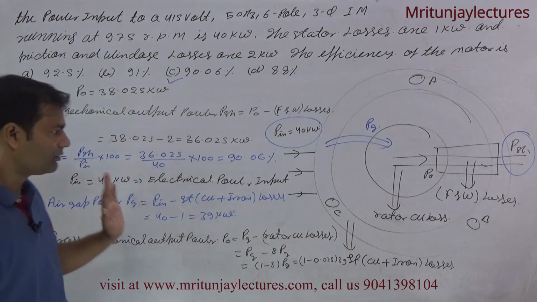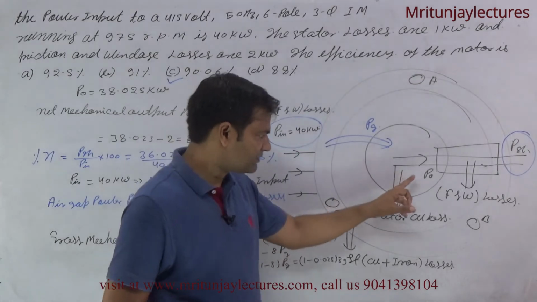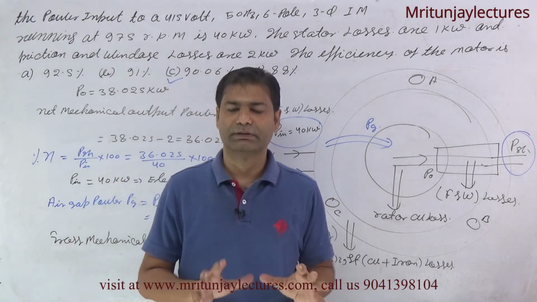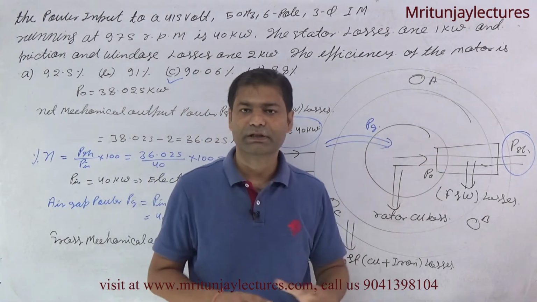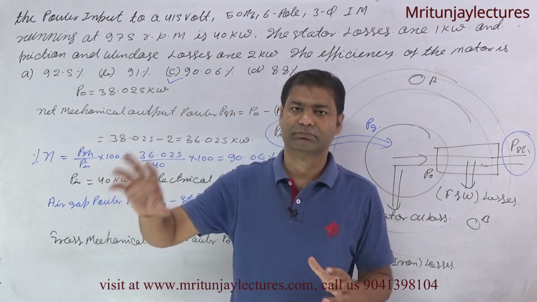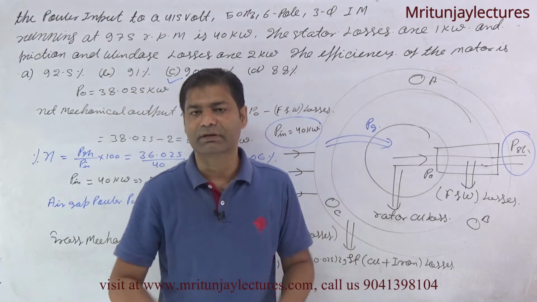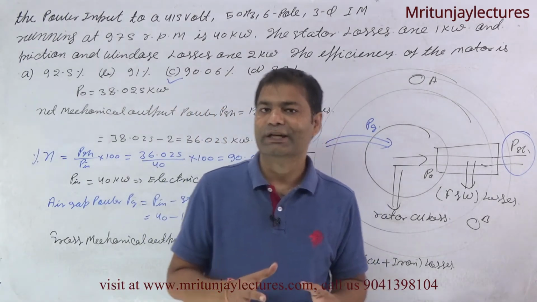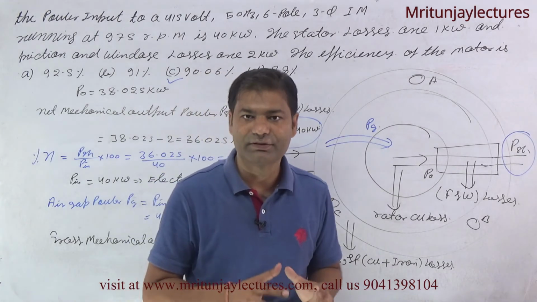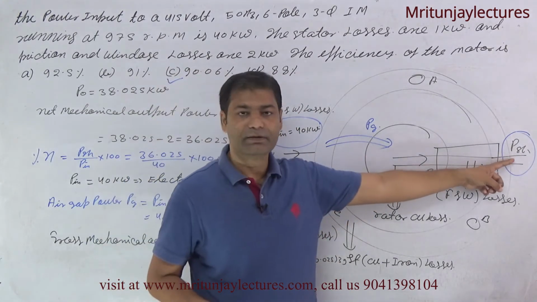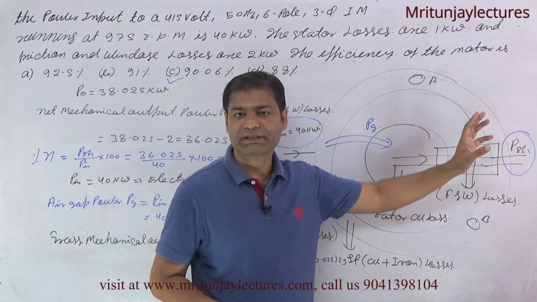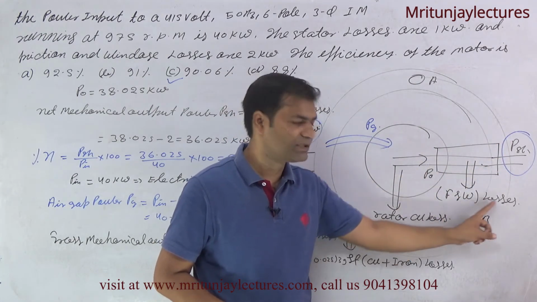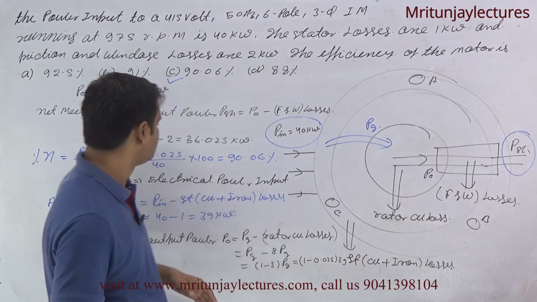Now this gross power is transferred to the shaft, and the shaft is connected to a fan or whatever. Since the shaft is rotating, there is friction and windage loss in the shaft. So the net mechanical power, or shaft power, is equal to P0 minus friction and windage loss.